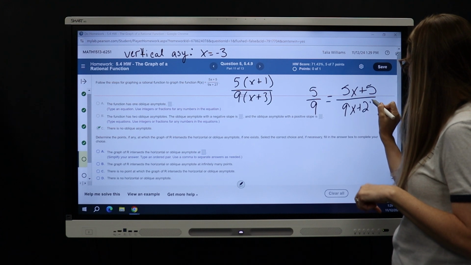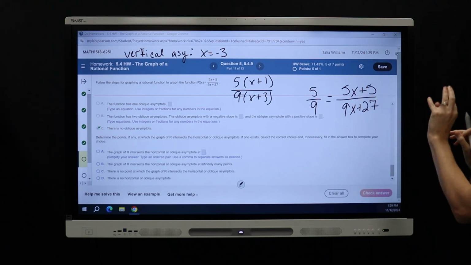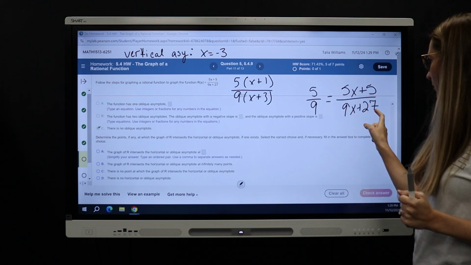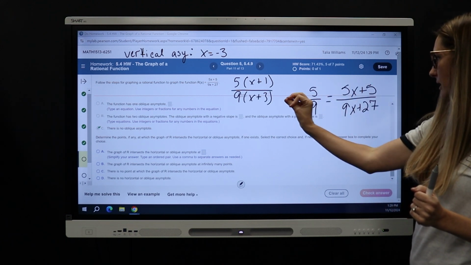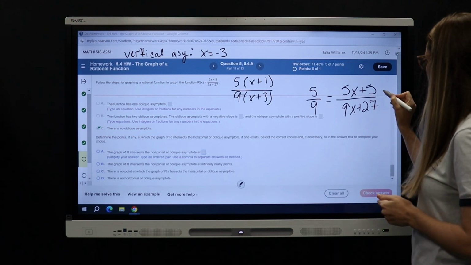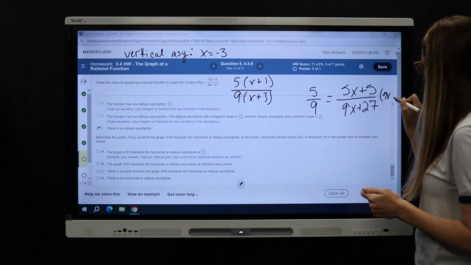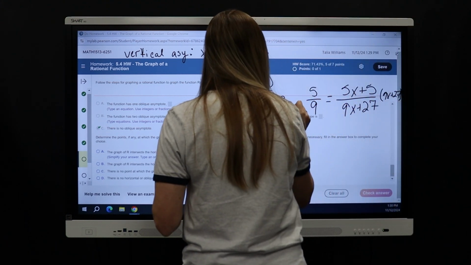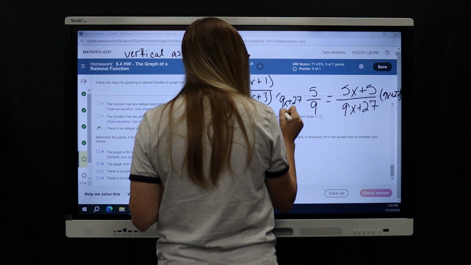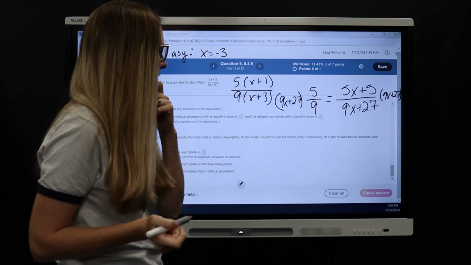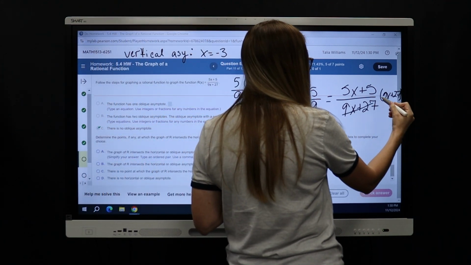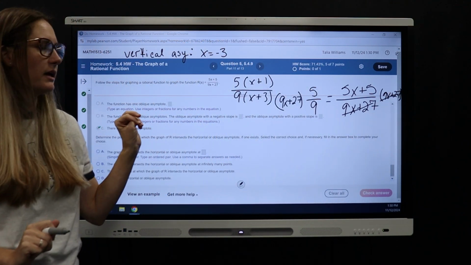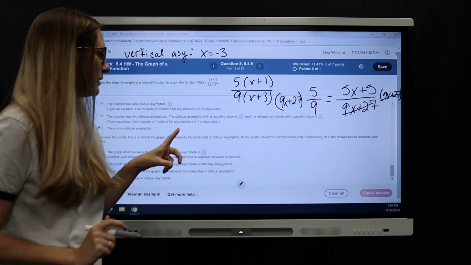So our first step when solving this, because we're solving for x, we're going to get it all on one line. So we're going to take this denominator and multiply it on both sides so that this one will become 1. Anything divided by itself is 1. And here 9x plus 27. The other day when I did this in class, it confused them a little bit, so I'm going to be sure to talk more about it for y'all. I'm not going to multiply everything by 5 just yet.